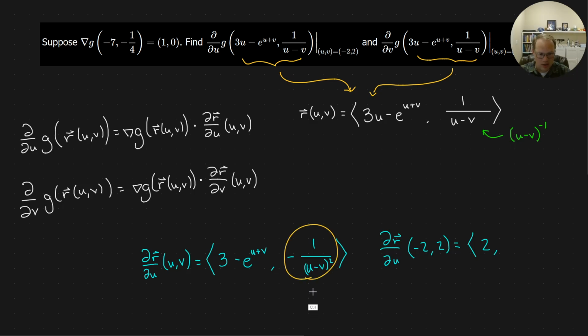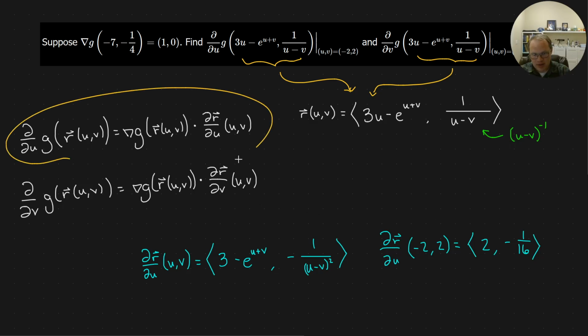And then over here, I get u minus v. u is negative 2, v is 2. So that's negative 2 minus 2, that's going to be negative 4. Squared is 16. So I get negative 1/16. So that's what I'm going to use to calculate this partial derivative when u and v is negative 2, 2. All right, let's calculate this guy next.